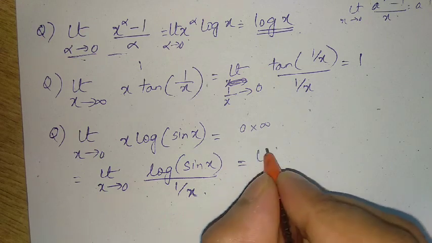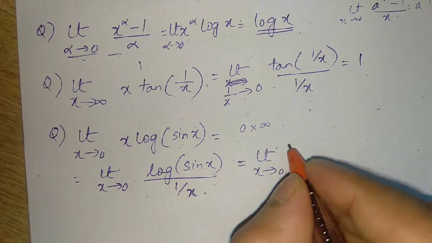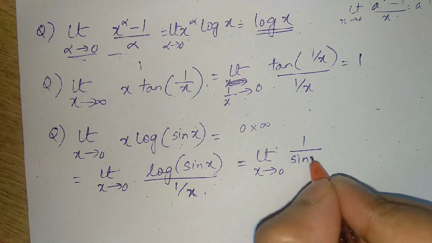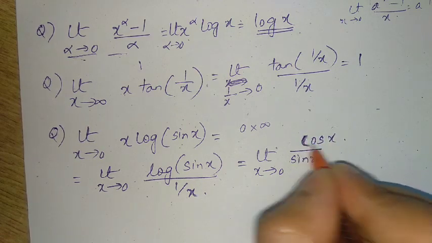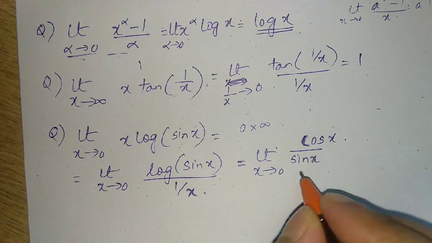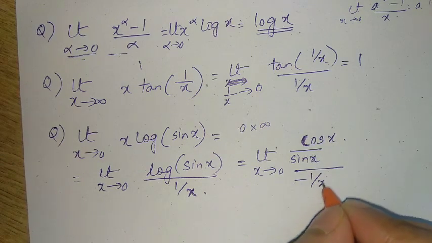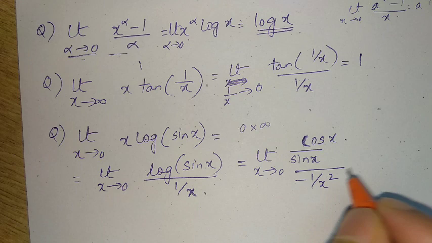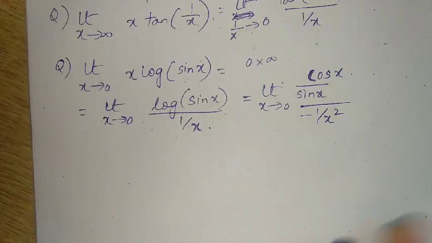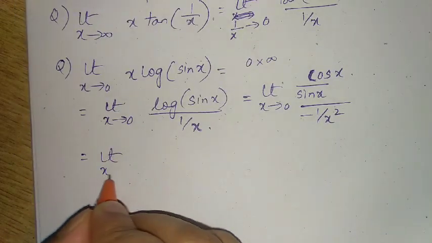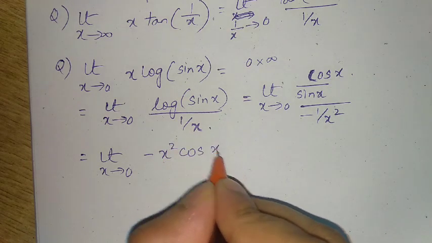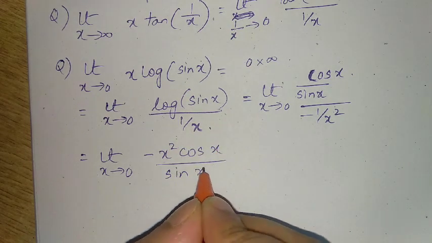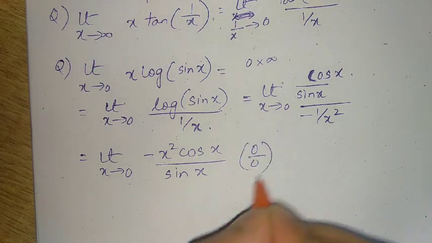So in the next step, we will differentiate the numerator. We will get 1 by sin x into d by dx of sin x, which is cos x. And 1 by x differentiation, if you do, you will get minus 1 by x square. So if you simplify this, you will get limit x tends to 0, minus of x square into cos x divided by sin x. This is also 0 by 0 form.